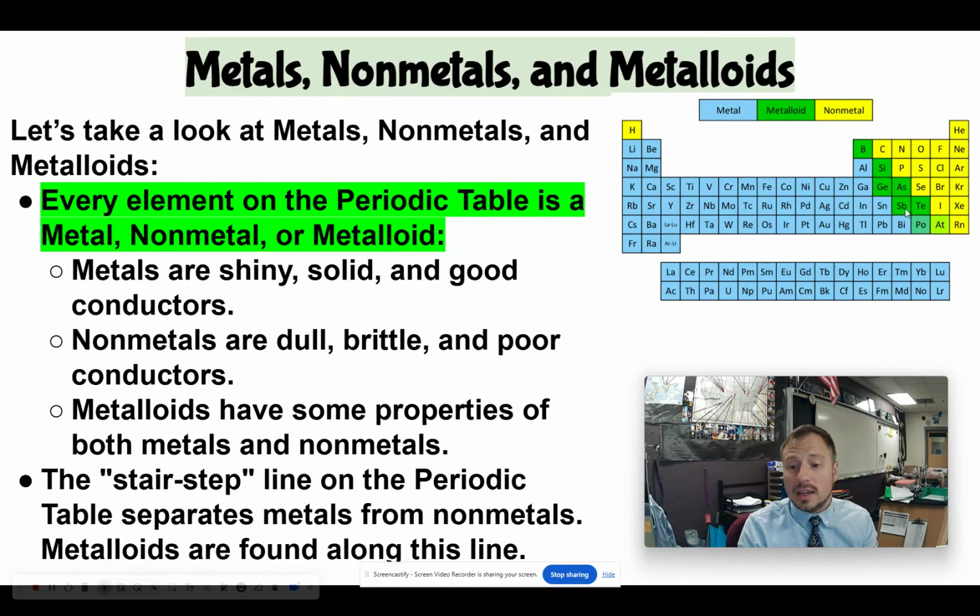That really divides the nonmetals from the metals. You can see here hydrogen's a special case. It's a nonmetal. This really comes into play when we start to talk about chemical bonding between metals and nonmetals, or nonmetals and nonmetals. This is just something to keep in mind for later when we get to bonding.